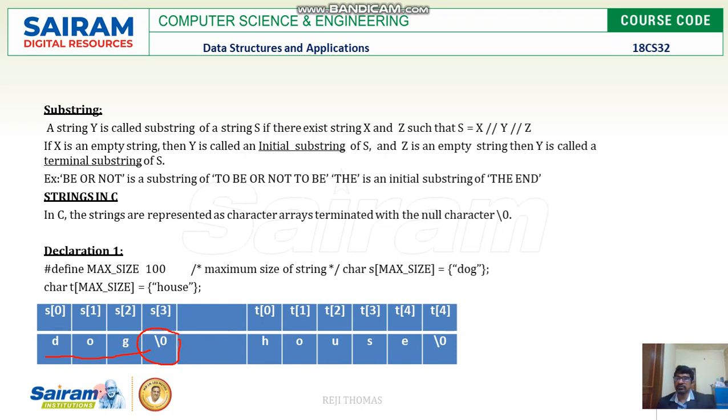Take house, and see how it is written. H is going to get index value 0 and E is going to get index value 4, and it is terminated with a null character. So please remember, strings are represented as character arrays, which are terminated with a null character.